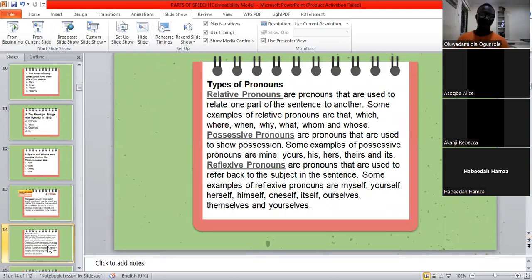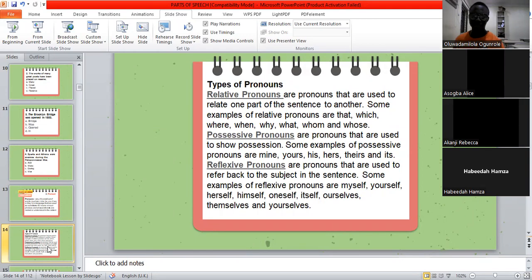So you can say, I know that this is what you are doing. Now, the that used there is a pronoun. Sometimes your pronouns are identified with your adjectival phrases or your adjectival clauses. But if you pick the that in isolation, it is a pronoun.